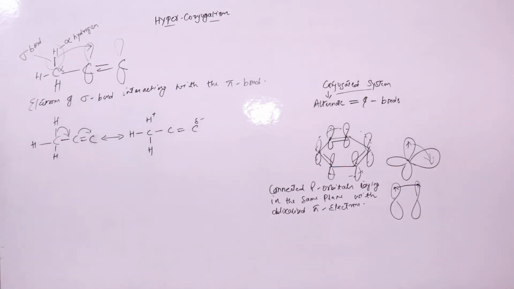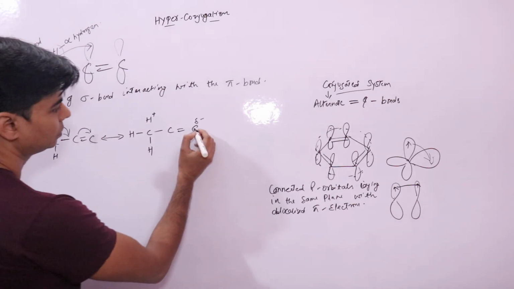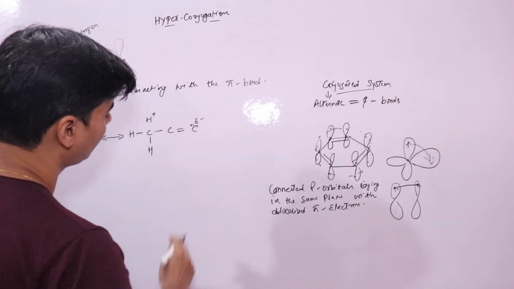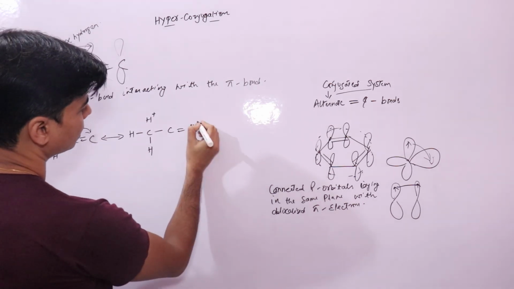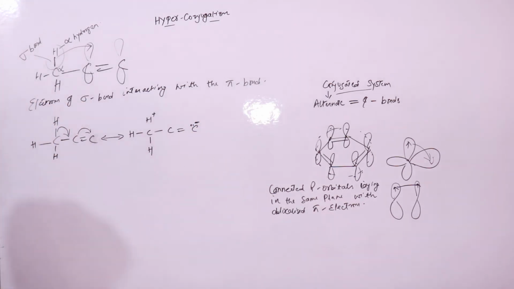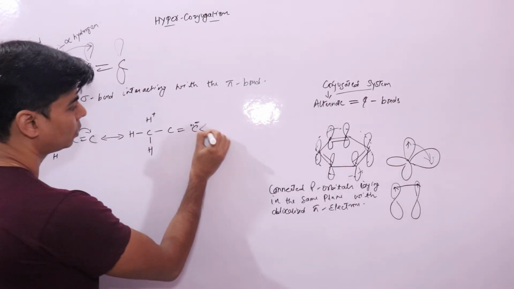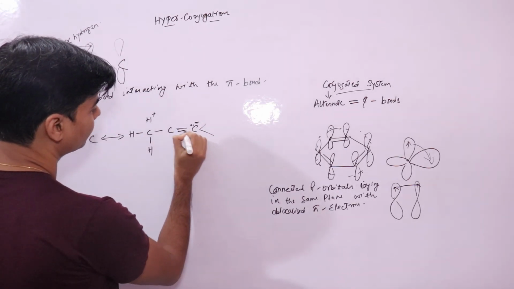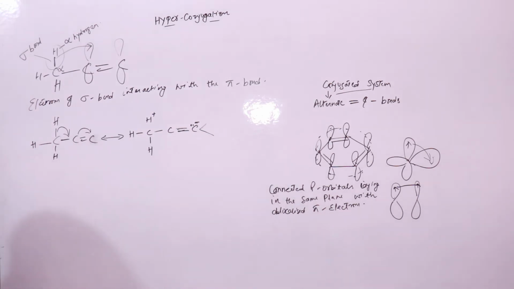This is how it will look. This has acquired a negative charge, because electrons of the CH bond have moved towards the double bond. So this has resulted in the polarization of this double bond, by giving it a negative charge.